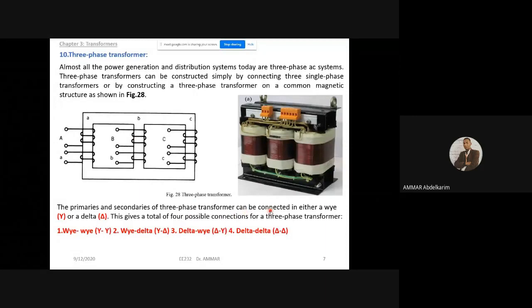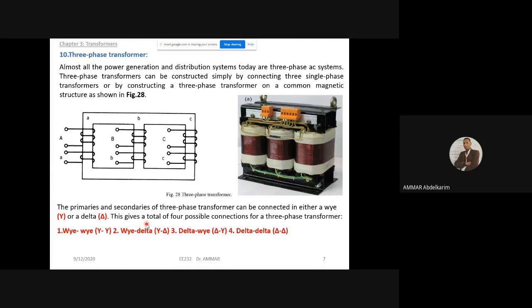The primaries and the secondaries of the transformer can be connected either in Y or delta. We have seen the Y and delta connection in our first chapter. This gives 4 possibilities of connection of the 3-phase transformer. So we have primaries and secondaries, and they can be connected in Y or delta.